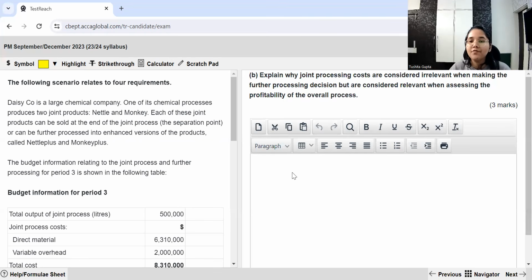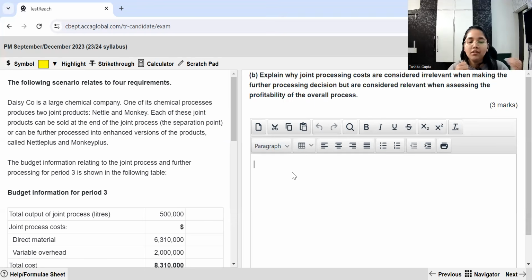So see, first of all, whenever two products are prepared together in one process, it is not possible to identify how much of the cost is going to be allocated to which of the products, because these products are not identifiable before they go into that process. So after they go through that process, at the separation point, you are taking the decision whether or not we have to process them further.